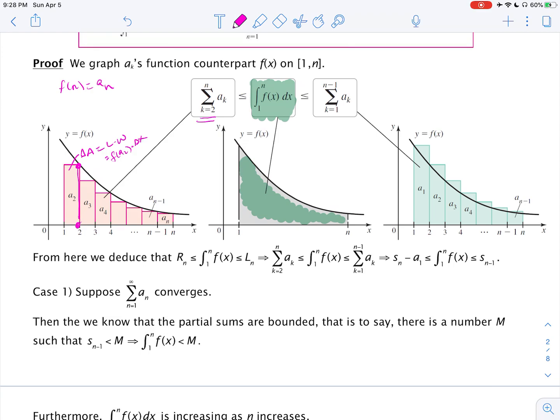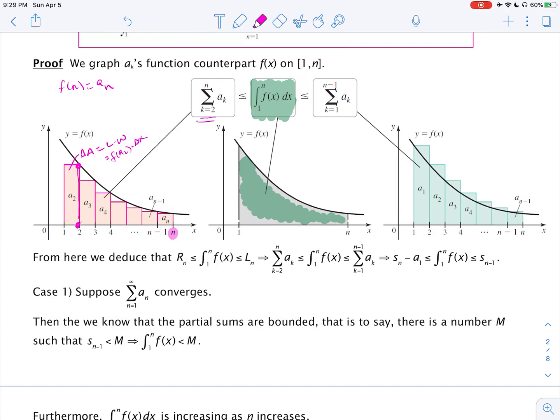We are starting with k equal to 2, and we can see that the sum up to the value of n here is going to be an underestimate of the entire area. It's going to be less than the area from 1 to n of f of x dx.